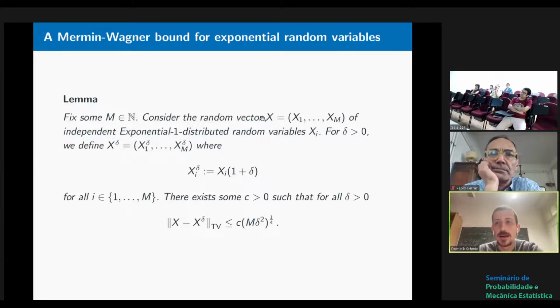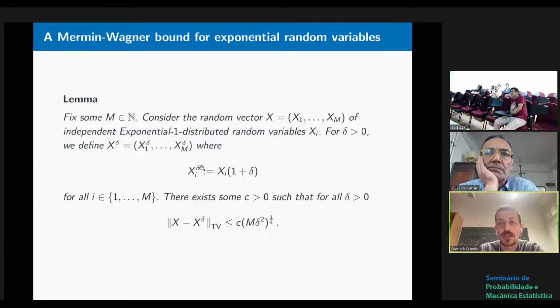And in our setup, this boils down to the following question. Consider a random vector of independent exponential 1 distributed random variables xi, and again, a vector of independent exponential 1 plus delta distributed random variables, the xi delta.